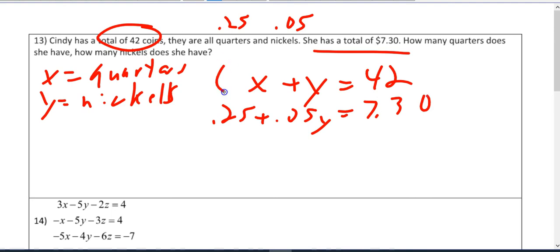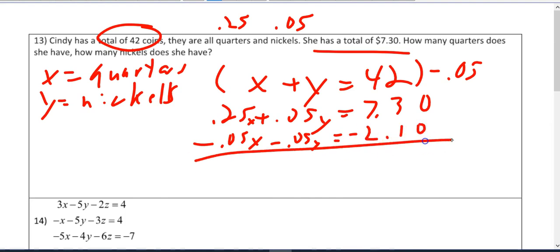Now in these problems, I always suggest, like I said, multiply by the negative of the smaller coin. So that's going to give me negative 0.05x minus 0.05y equals 42 times negative 0.05, which is negative $2.10. That cancels. 25 cents minus a nickel is 20 cents.